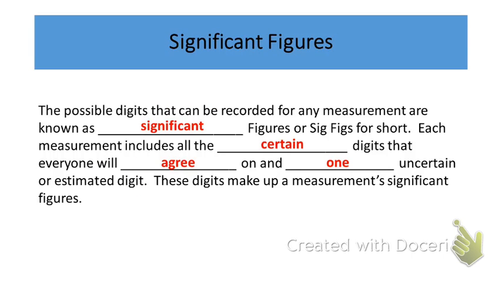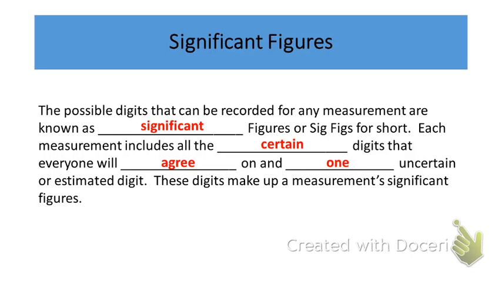Now, the possible digits that can be recorded for any measurement, we call them significant figures, sig figs for short. Each measurement will always include certain digits that everyone will agree on. So if I look at one of your measurements and someone else, like your lab partner or a friend, looks at your measurements, we will all agree on certain digits and we'll say that those are true digits.